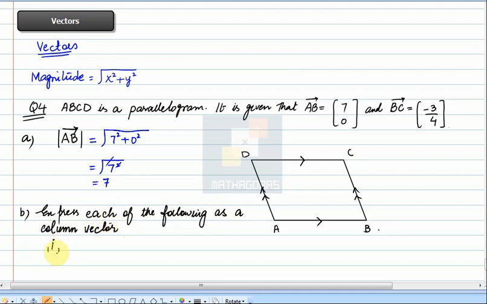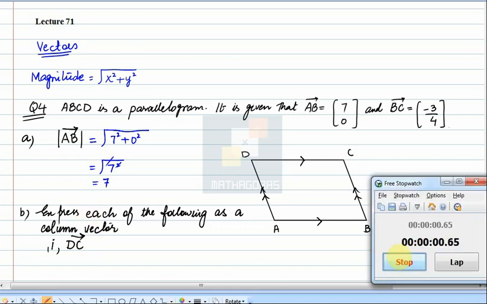First part, it's BC. Now you need to find out the vector DC, and for that purpose I give you a time of 40 seconds.